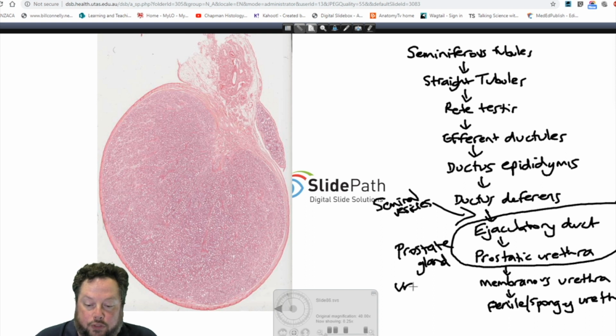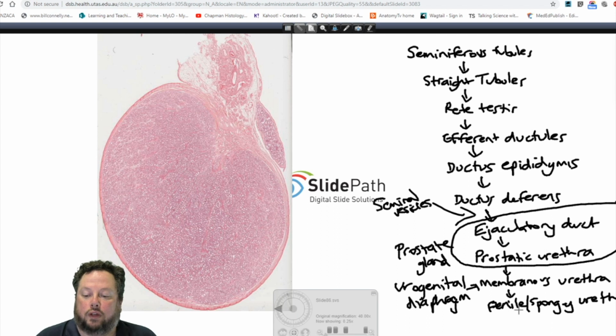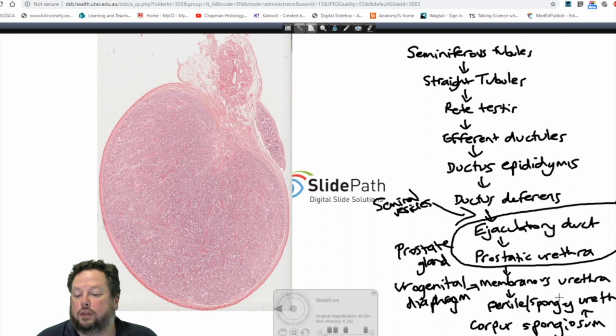It then passes through the urogenital diaphragm, through the membranous urethra, and then within the corpus spongiosum in the penile spongy urethra.